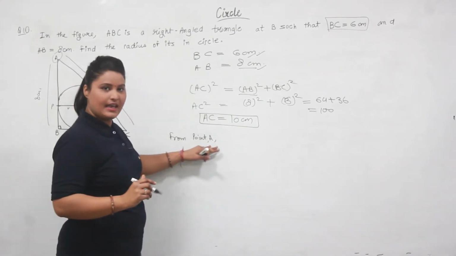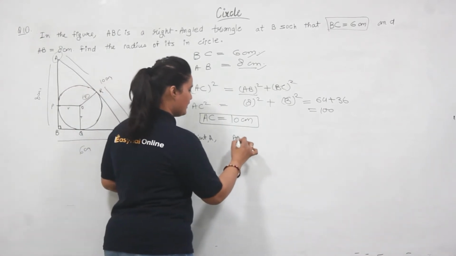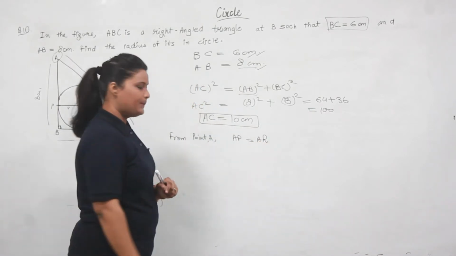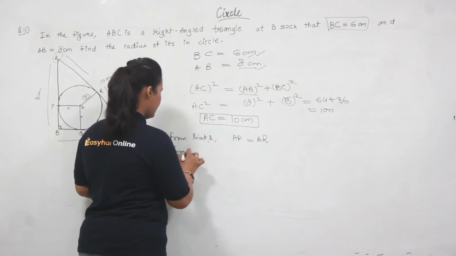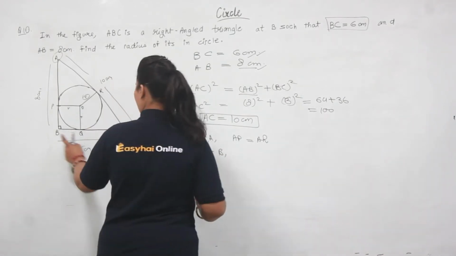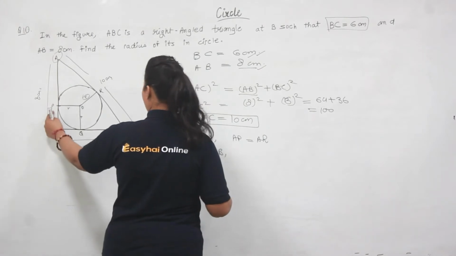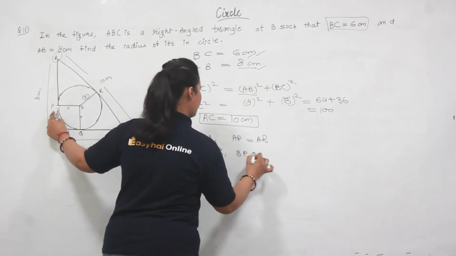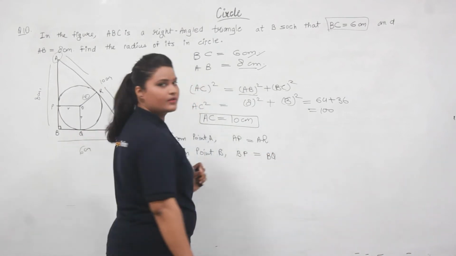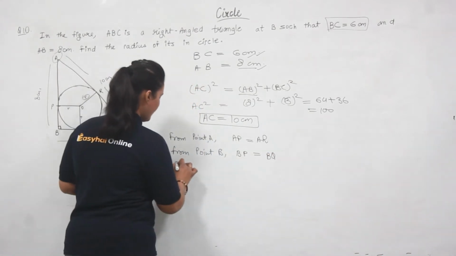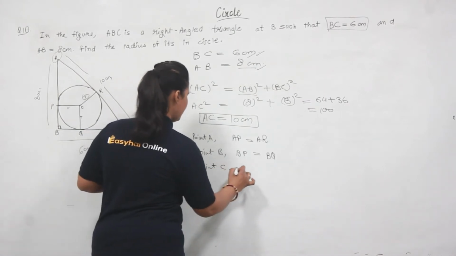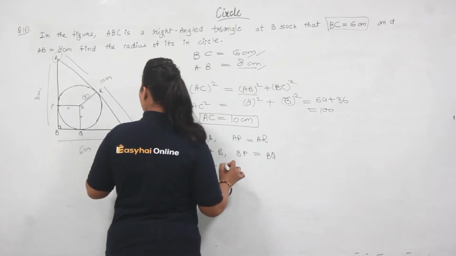So from point A, I can say AP is equal to AR. From point B, again there are two tangents. From point B, BP is equal to BQ, right? And from point C, there are two tangents again.